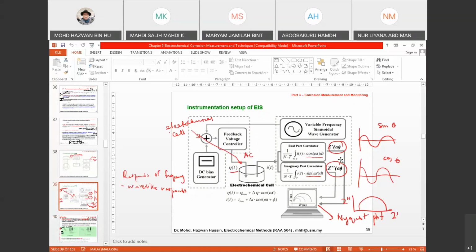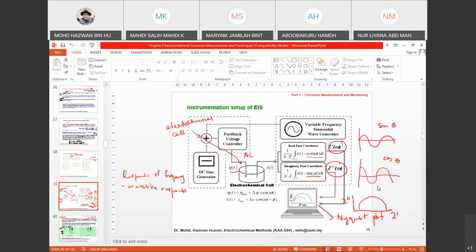For example, if at one particular point you have a wave response in a cos theta form, then you know this relates to real impedance. Meanwhile, if you get a sine theta wave response, this is equivalent to imaginary impedance.